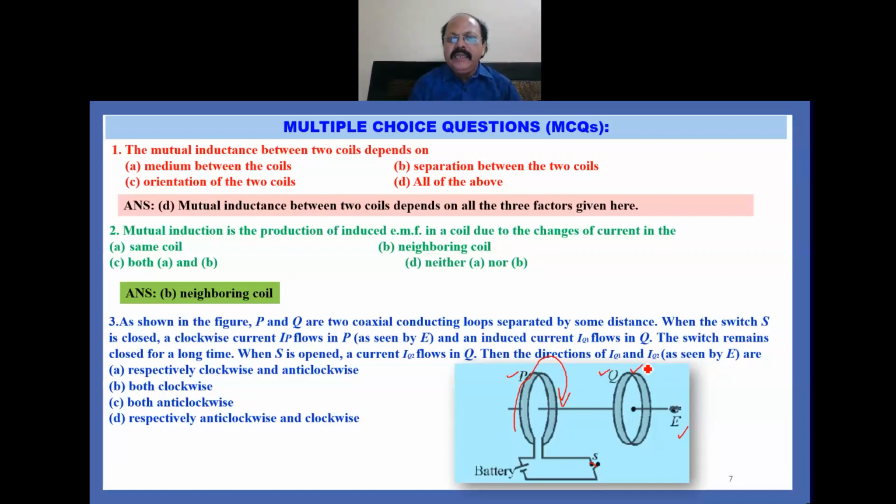When S is opened, means switch is opened, a current IQ2 flows through Q coil.